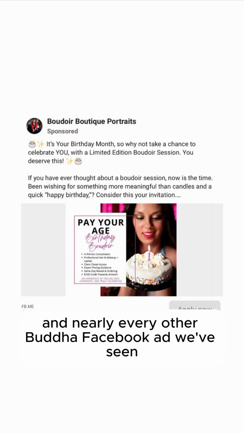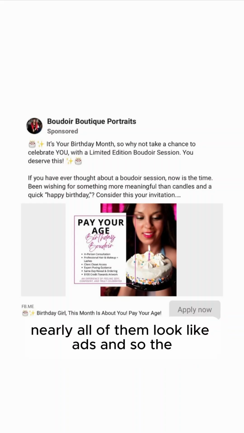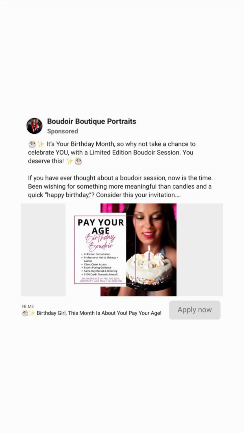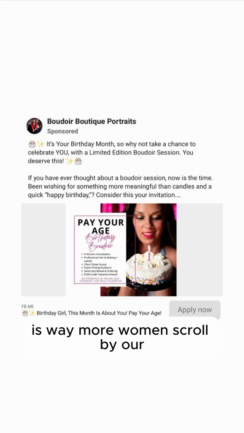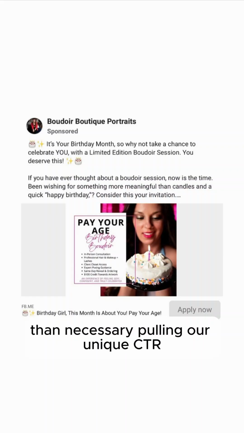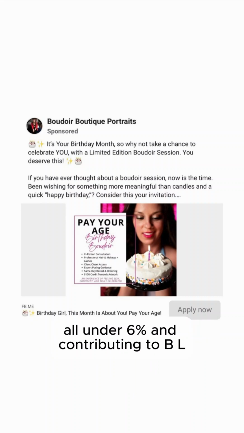And nearly every other Boudoir Facebook ad we've seen, nearly all of them look like ads. The consequence of making ourselves look like ads is way more women scroll by our ad than necessary, pulling our unique CTR under 6% and contributing to BLCS, aka Boudoir low click syndrome.